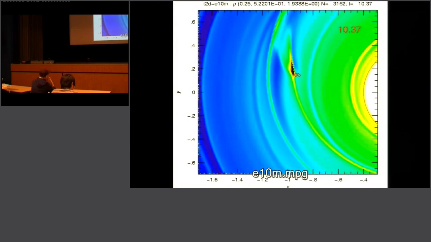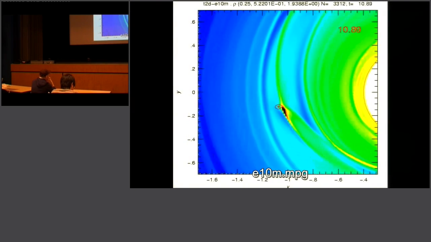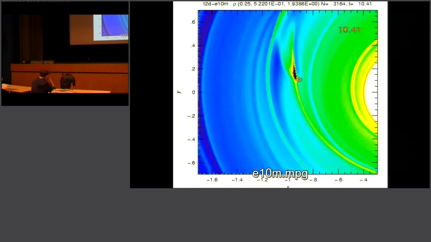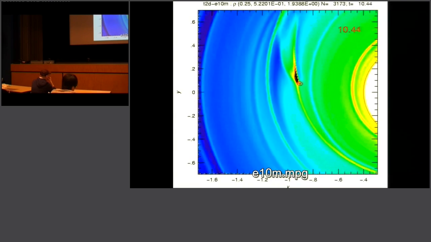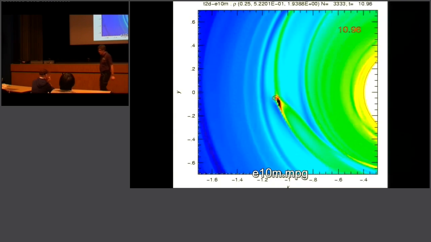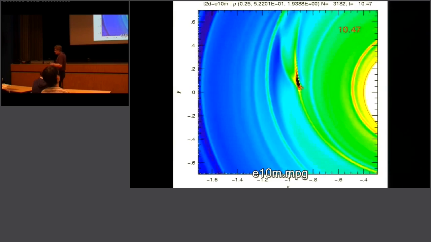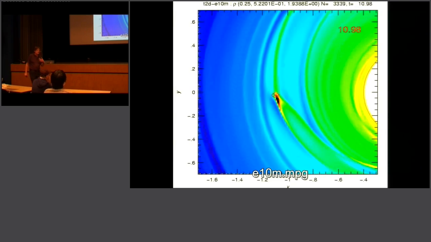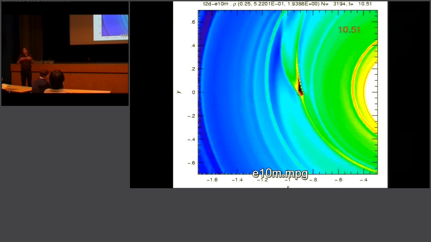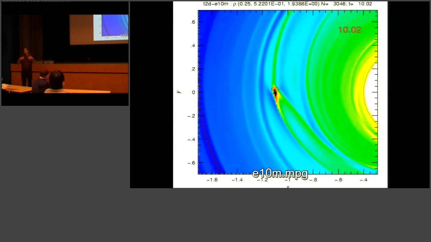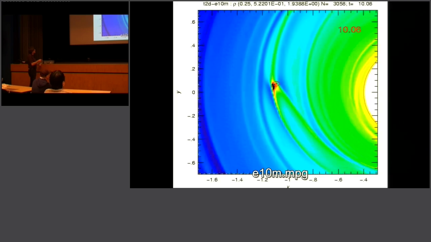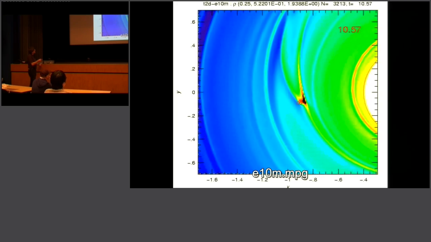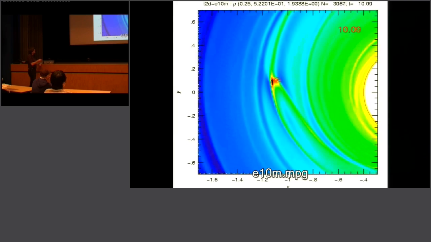So we see here these spiral arms that are created by the planet are changing periodically. So they are strongly time variant here. So if you want to calculate the mean change of the orbital elements, you have to integrate and average this over one orbit, because sometimes you have positive torques, now you have negative torques, positive torques, negative torques.